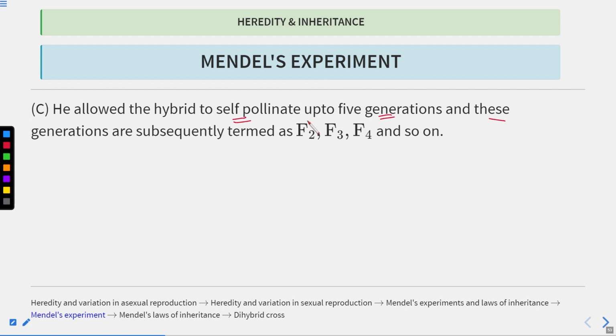Then there was selfing of the F1, and selfing of the F1 will produce the F2, and again selfing of the F2 will produce F3, and so on, after F3, F4. Clear? And because of the selfing, as I've already told you, true breeding varieties are produced.